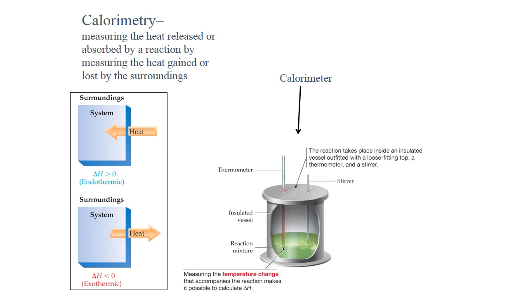Now, in our lab, what we're going to use is just a coffee cup, which is actually shockingly good at measuring temperature changes and insulating away from the external environment. And it's the same idea. You're going to have a stirrer, and you're going to have a reaction that goes on inside, and you're going to measure the temperature change based on the thermometer.